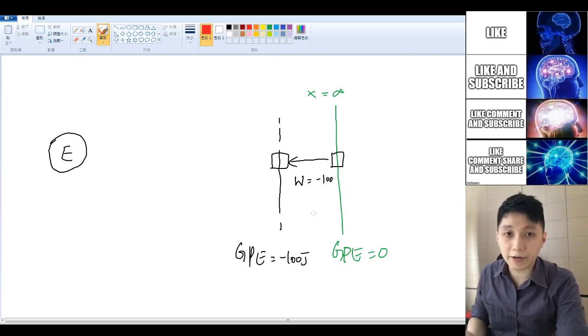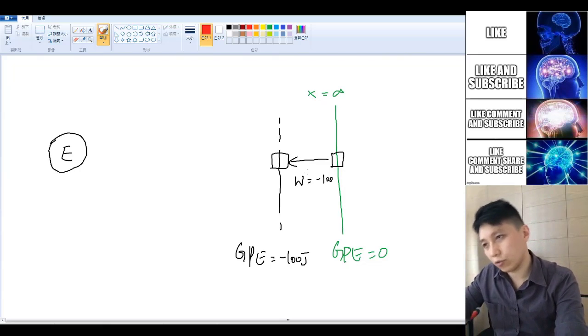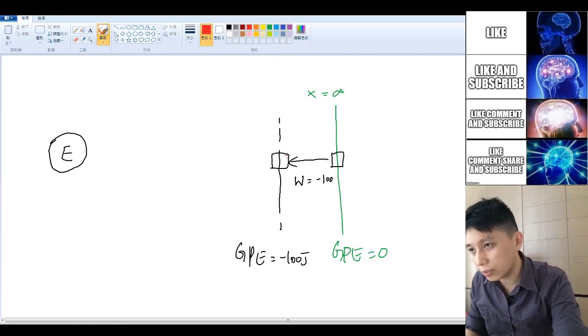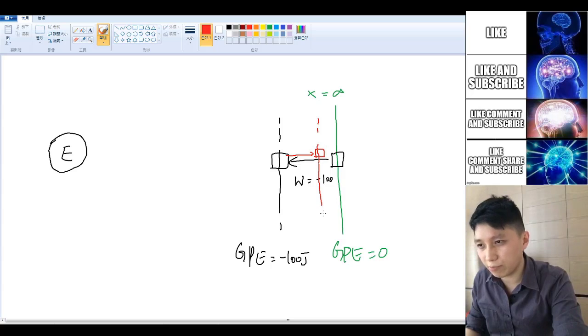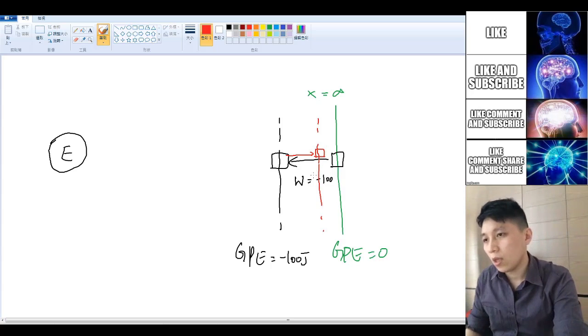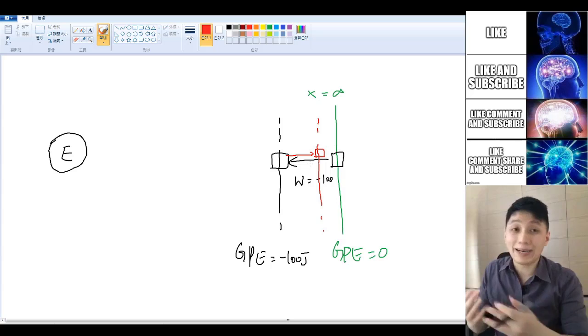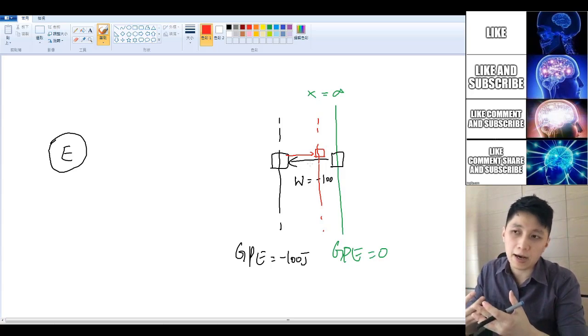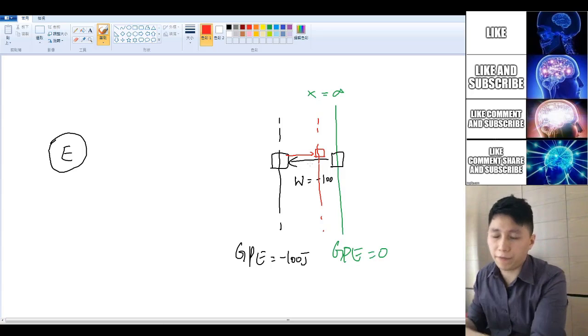In another scenario, other than the box going closer to the Earth, you can also go away from the Earth. So for example, if the box somehow goes up to this position, just a random position that is between these two, it cannot go by itself, right? I mean, because it should have been attracted by the Earth directly.